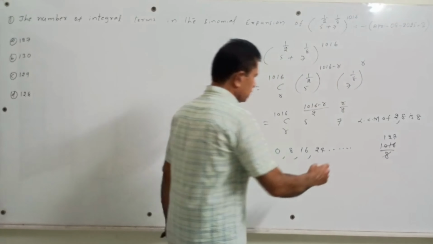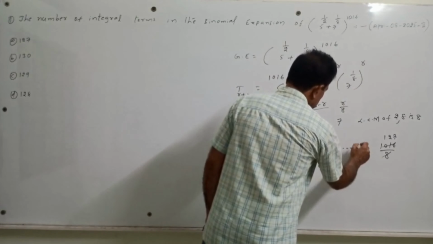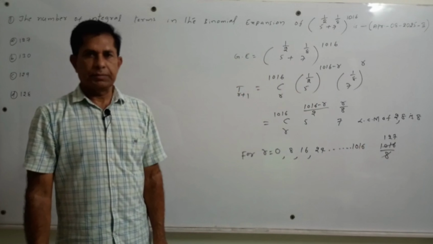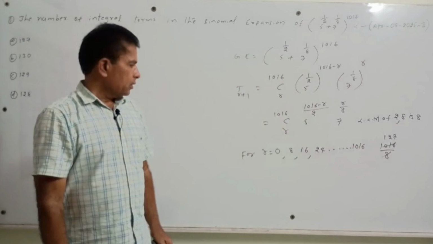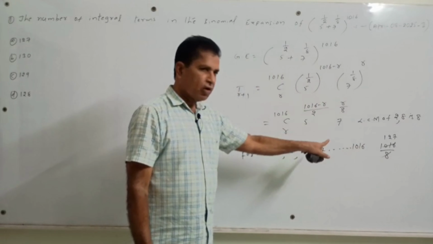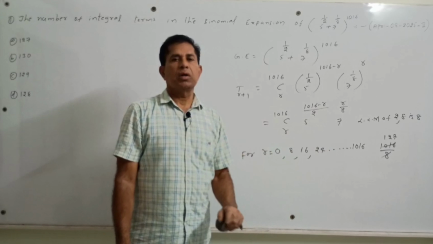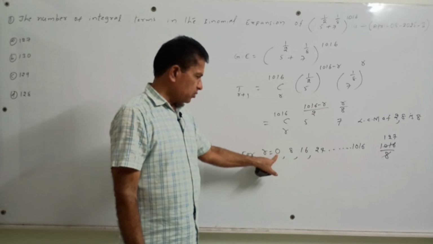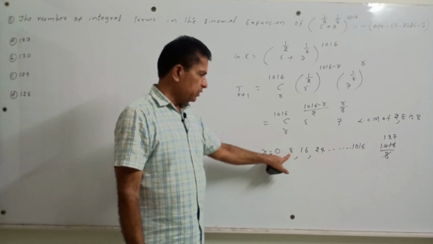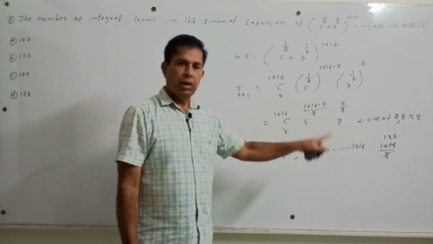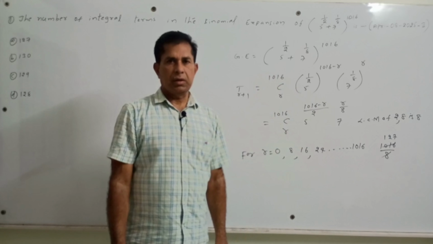Therefore I can take r equal to 1016, the maximum value of r. So for r equal to 0, 8, 16, and so on up to 1016, the terms are becoming integral terms. That means the first term is an integral term, the 9th term is an integral term, the 17th term is an integral term, and so on. The last term is also an integral term.